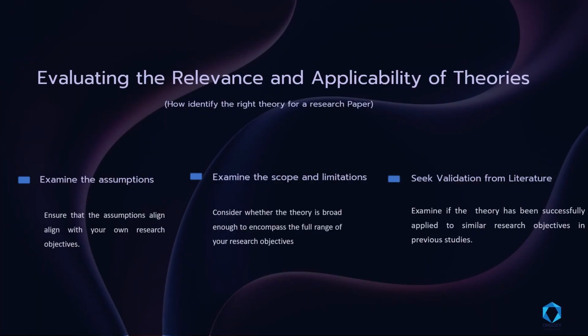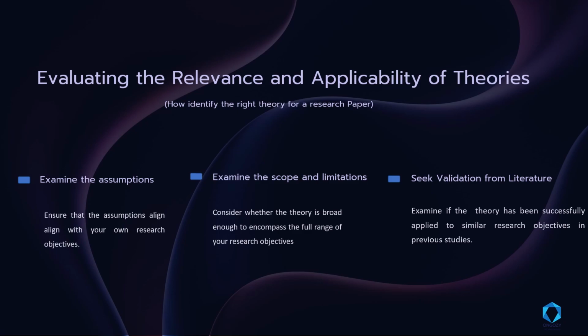Yes. How do you evaluate the relevance and the applicability of your theory? In other words, how do you identify the right theory for your research paper? Number one, you examine its assumptions. What does this theory assume? Ensure that those assumptions align with your objectives. Okay?